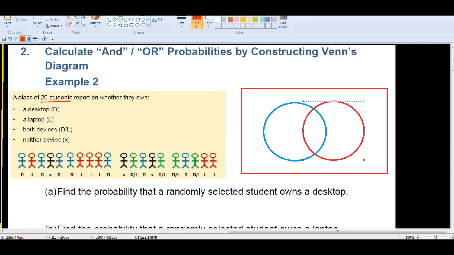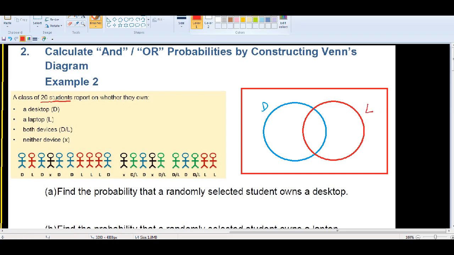And also we have certain people who have both with green color, and some got neither, we use black color. Okay, so let's write the numbers. First, remember to construct the Venn diagram, you always need to fill up the numbers between the two circles. That's the overlapping one. So those would be the number of the green color because they have both desktop and laptop.